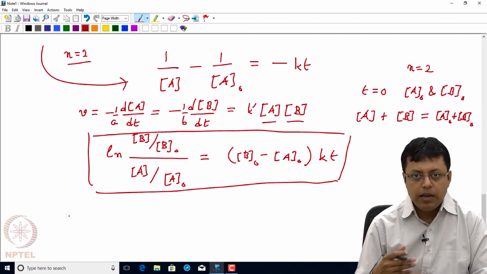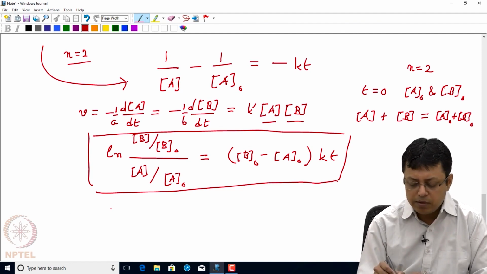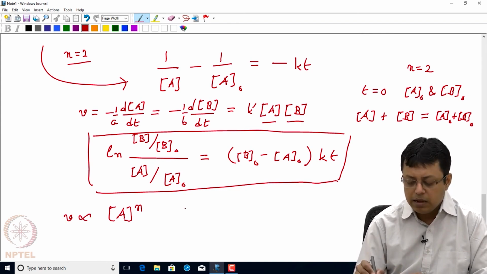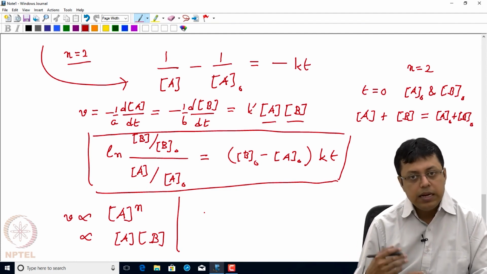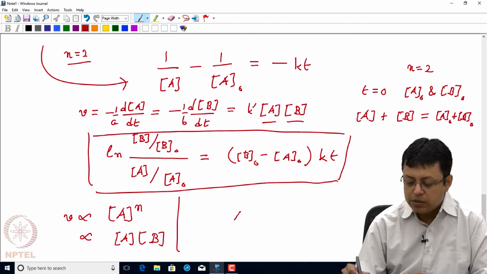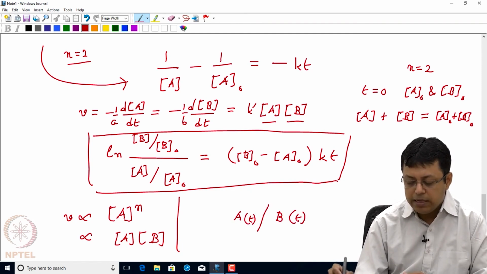Then we gave you a few specific examples, like where the rate of the reaction is found to vary as A to the power n, or something like A into B, and we showed that for those cases we can integrate the differential equation, which is the rate law, into an integrated form, so that we can find the amount of A or the amount of B at any time.